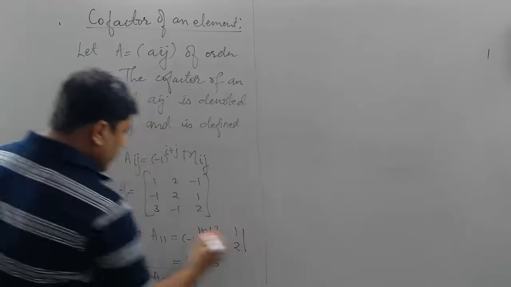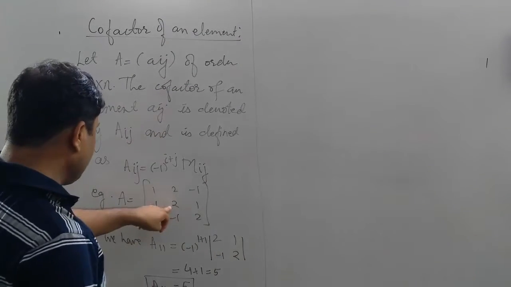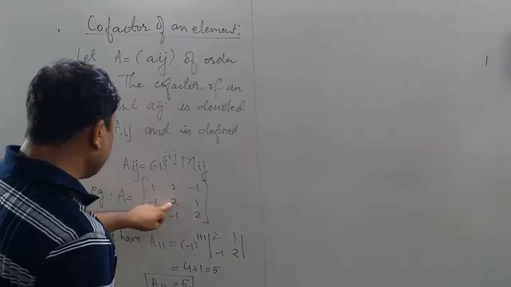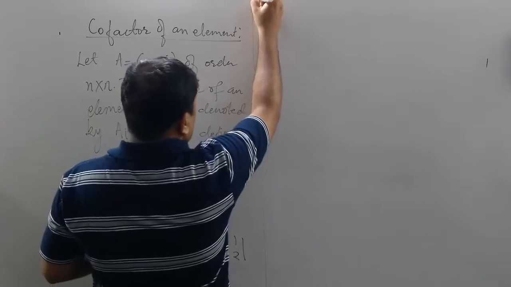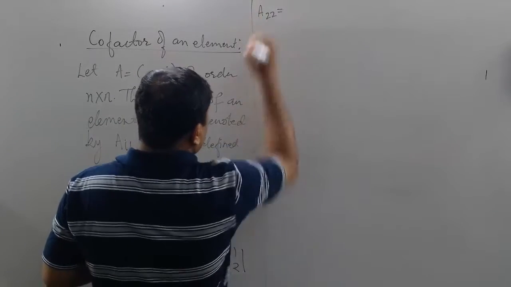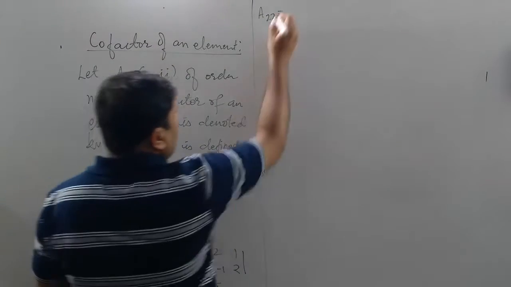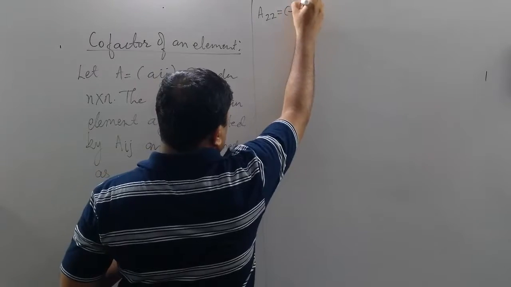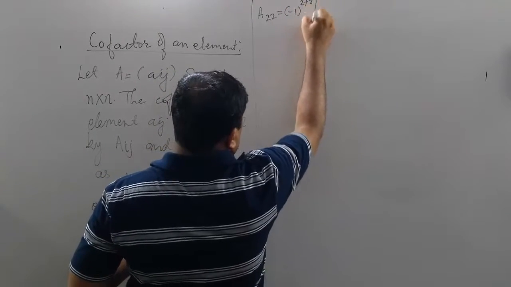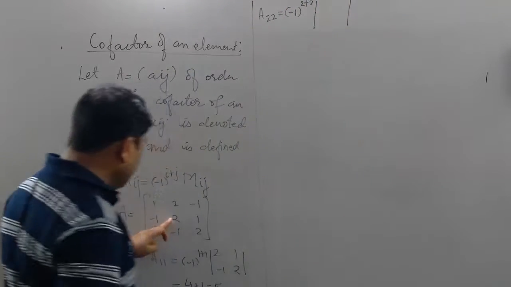Now, we will consider some more elements. Suppose we want to calculate the cofactor of this element A22. We will have minus 1 raised to 2 plus 2 into the minor of this element.